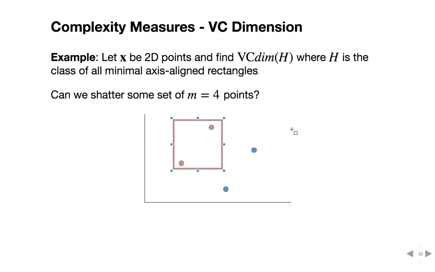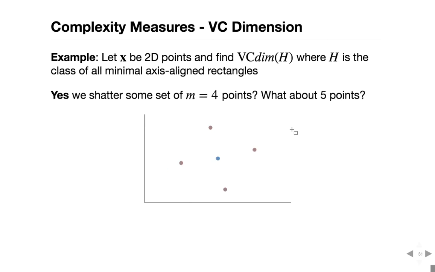Okay, so what about if we try to go bigger? If we have 5 points, and I'm going to do this in a hand-wavy way. I'm going to show a reasonable, non-pathological configuration and show that I can't do this with 5 points. Okay?